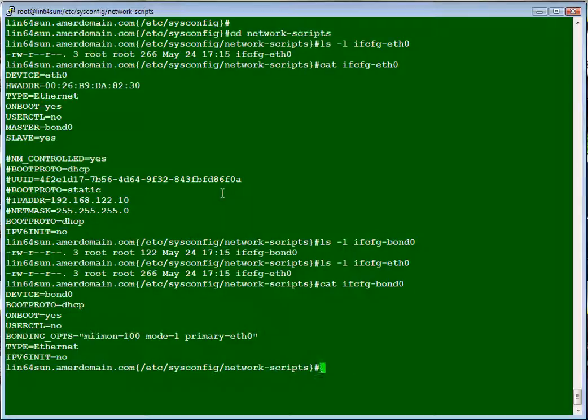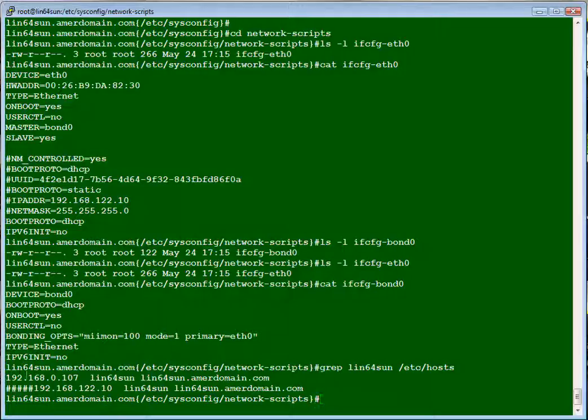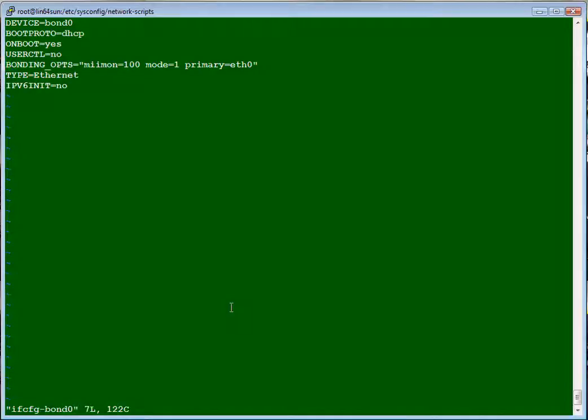Let's check, grab my host name and run host. Okay, this is the IP address, right? This IP address we are going to mention here as IPADDR, the one we want for this server.